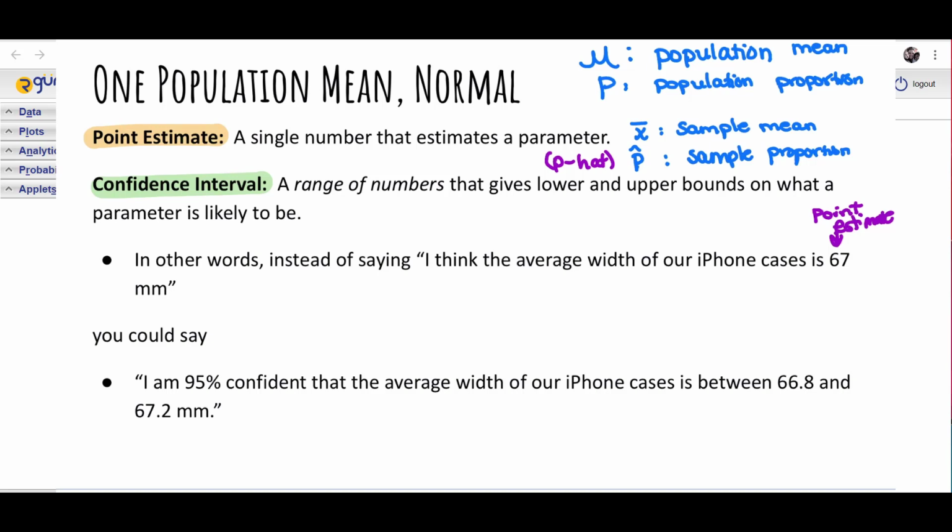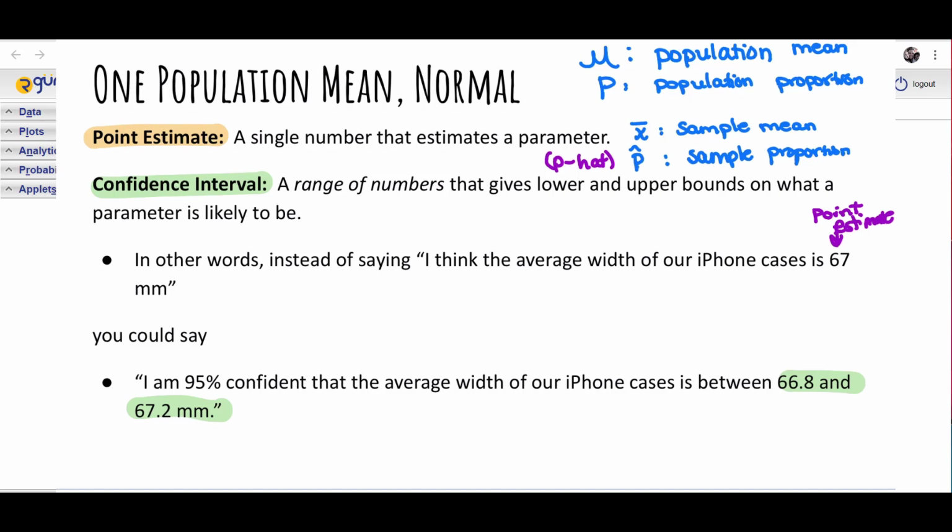So rather than doing that, we're going to say something like this, in terms of a confidence interval: I am 95% confident that the average width of our iPhone cases is between 66.8 and 67.2.